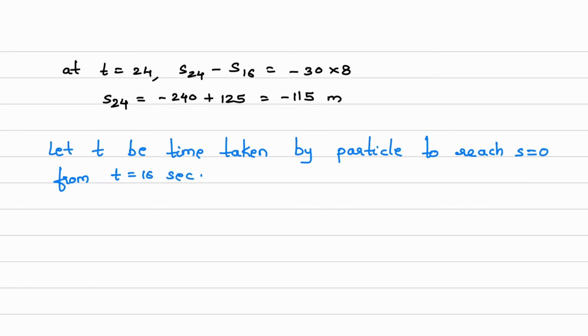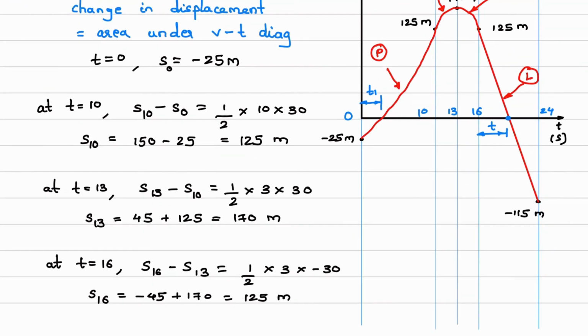What is the meaning of this? We have considered this time as t. At 16 seconds, the displacement is 125. Now at t seconds after 16, displacement is 0. So what is this t that we have to calculate?